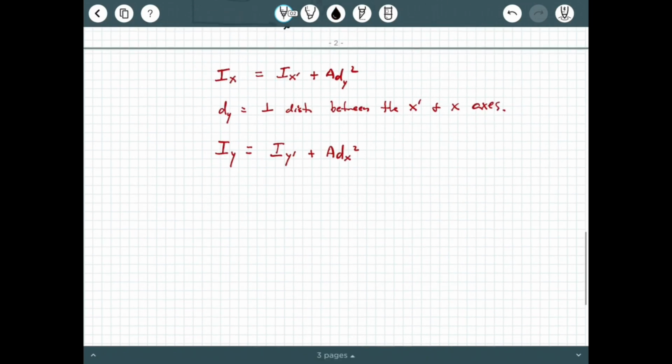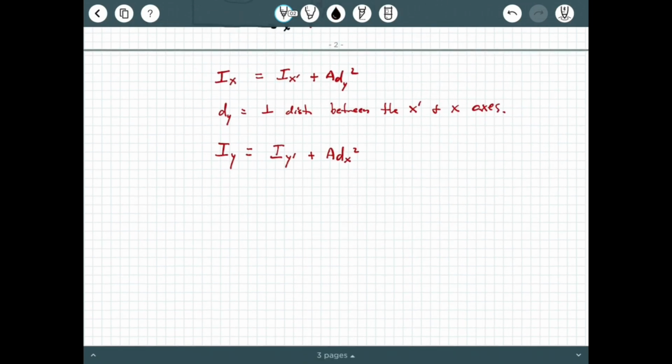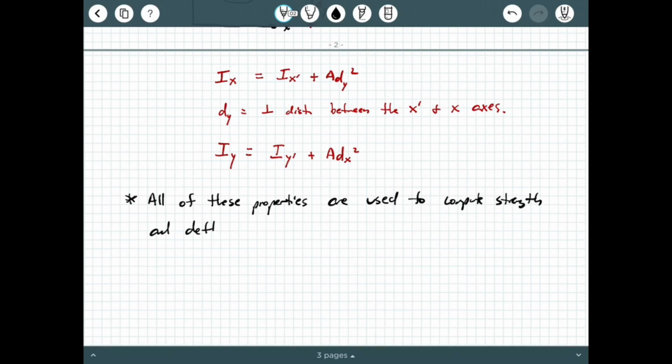Now, why is all of this important? Just to wrap it up in this background video, I'll put a star here. All of these properties are used to compute strength and deflection properties of materials.